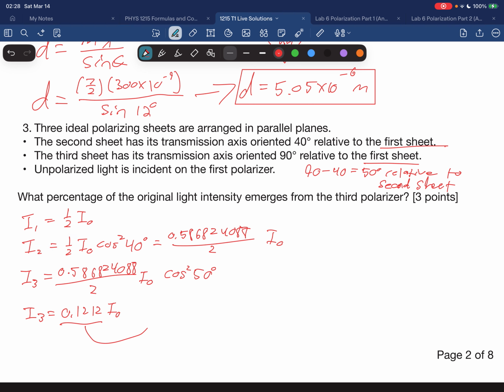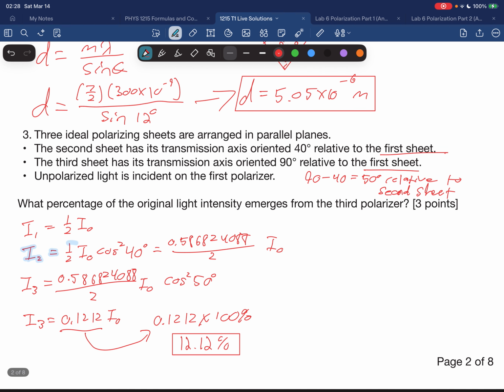Taking this number here, multiply it by 100%, and you get 12.12% transmission of the original light intensity passing through the third filter.